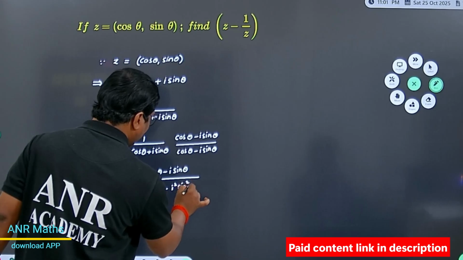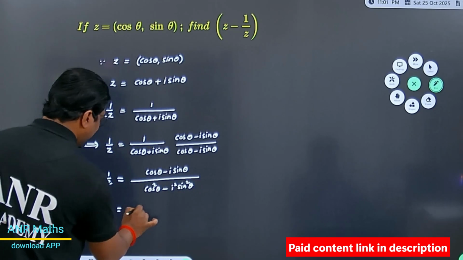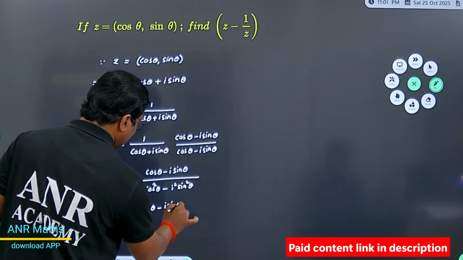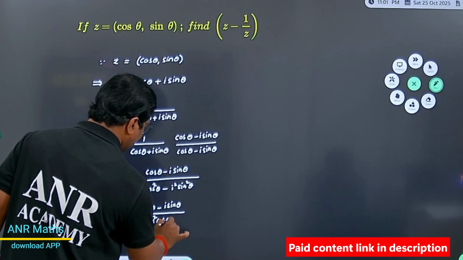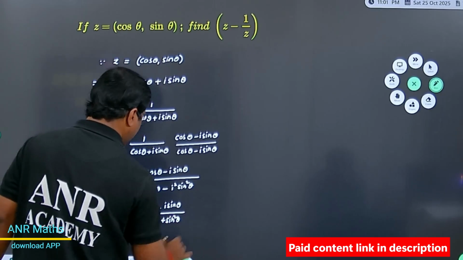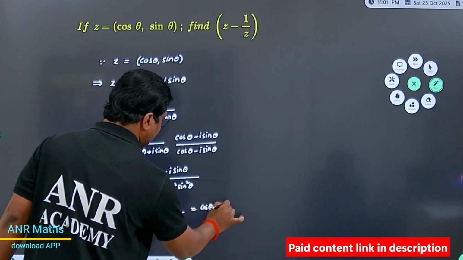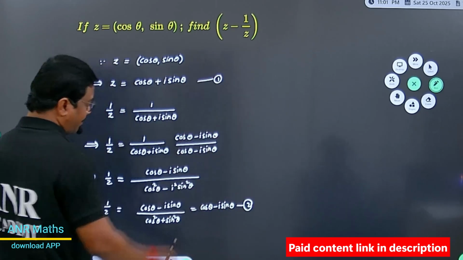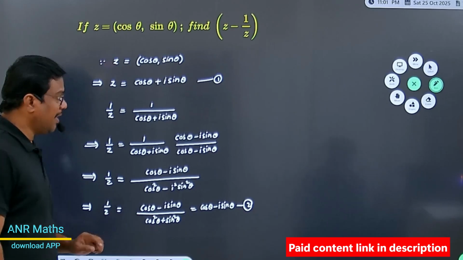I square value is minus 1, so that 1 by z becomes cos theta minus i sin theta divided by cos square theta plus sin square theta. So simply we can write cos theta minus i sin theta. This is 2 and this is 1. Why? Because the denominator part cos square theta plus sin square theta value is equal to 1.